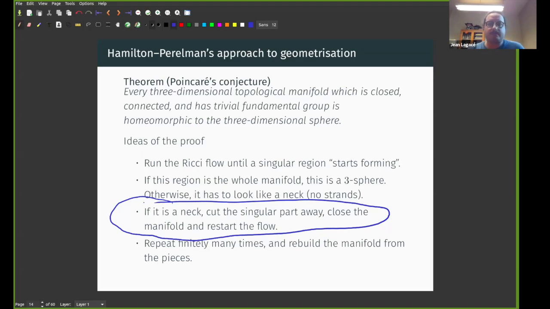But you want that when you re-glue these caps to cut it off, you do it in a way that doesn't increase curvature, that lets curvature remain bounded. And the idea is that you need to cut your neck and do this surgery procedure in a very careful way to ensure that you haven't made the analytic situation worse by doing this.